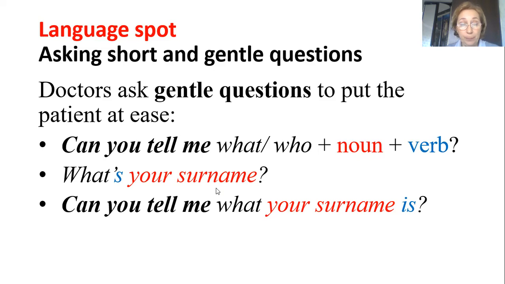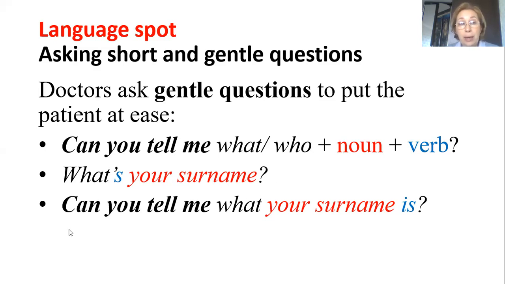What's your surname? There is a question with what, then we use the verb is and your surname, the noun. This is the inverted order of words. So we use is before the noun. Is is used before your surname. This is the direct question with inverted order of words.